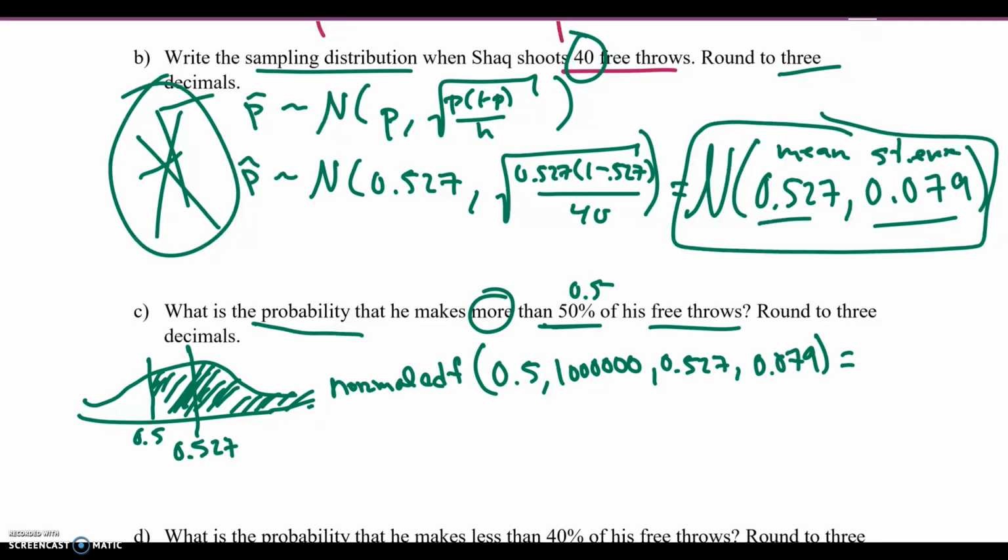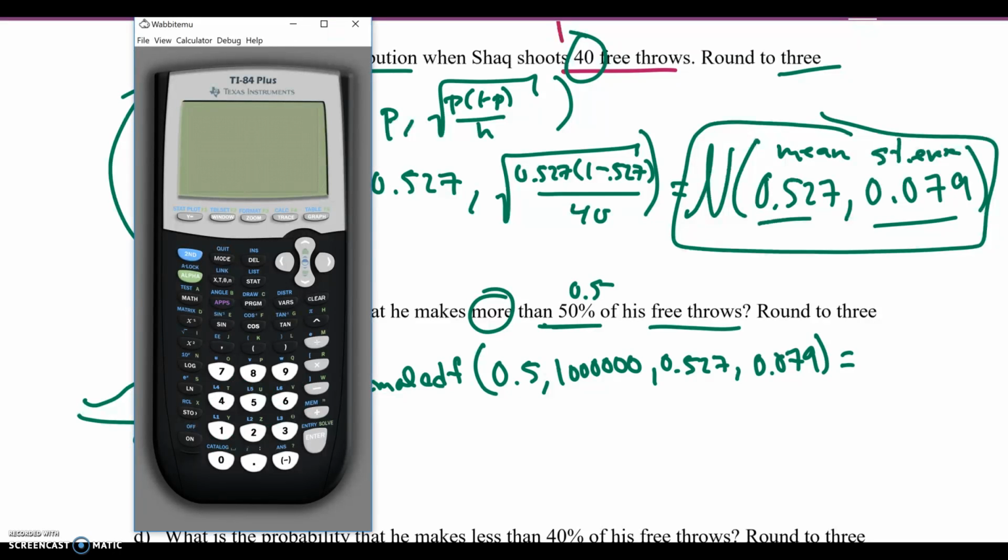Now let me put it in the calculator. We're going to press second, VARS, go down to normal CDF. My lower bound is going to be 0.5. My upper bound is going to be a really, really large number. My mean is going to be 0.527, and my sigma, 0.079. So this is what I'm going to get.